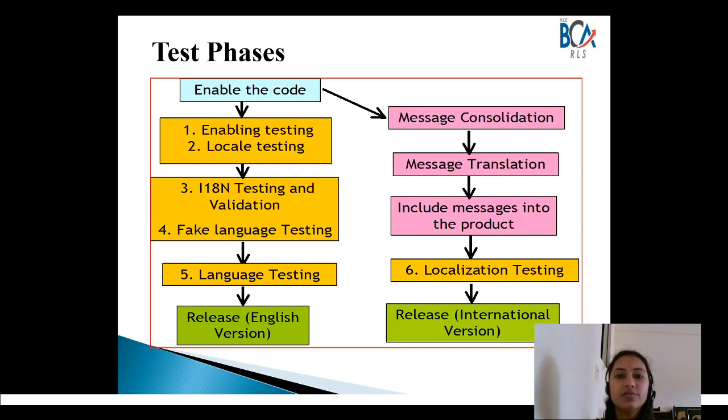The colored figure is available in this PPT, and please note that enabling testing is done by the developer as a part of unit testing. So here enabling testing is done as part of your unit testing.